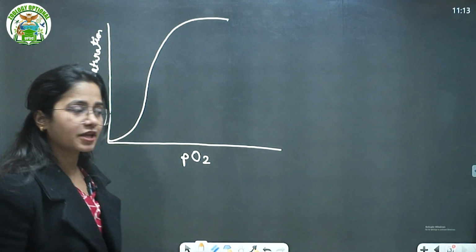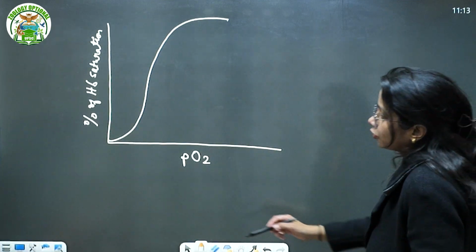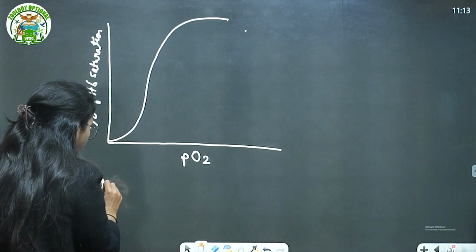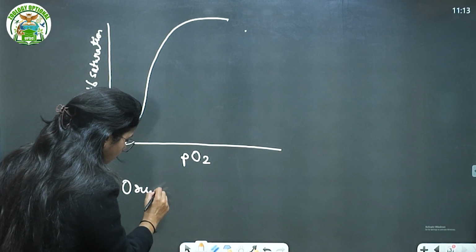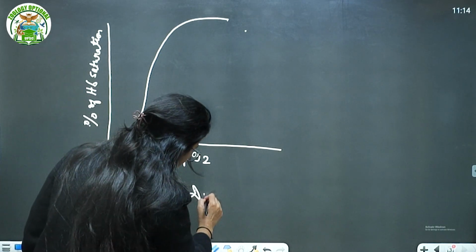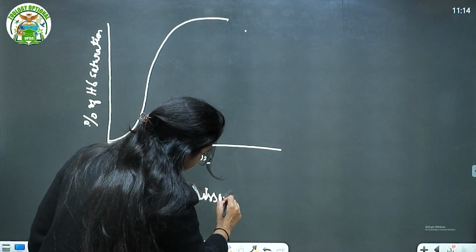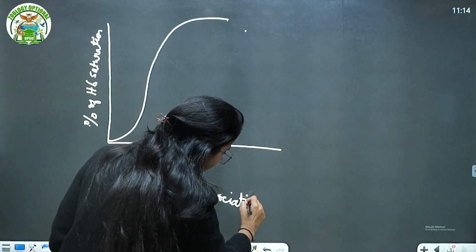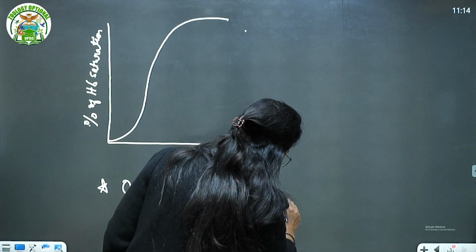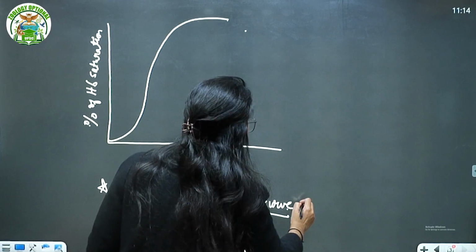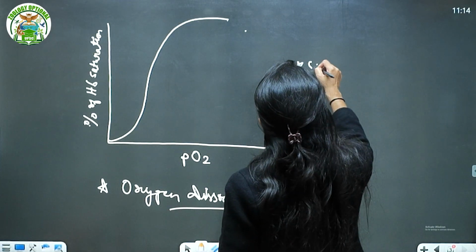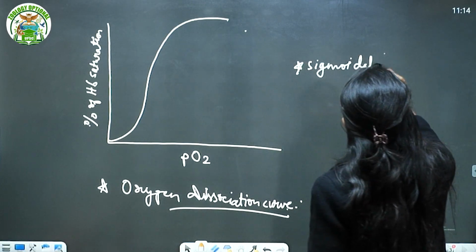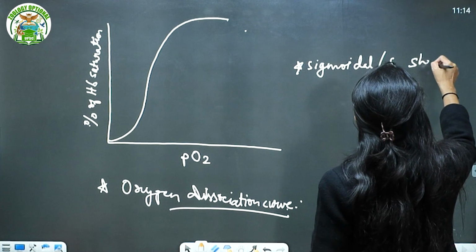Actually we will talk about it one by one. This is your oxygen dissociation curve, which is sigmoidal or S-shaped.